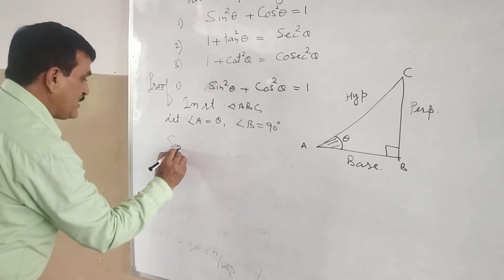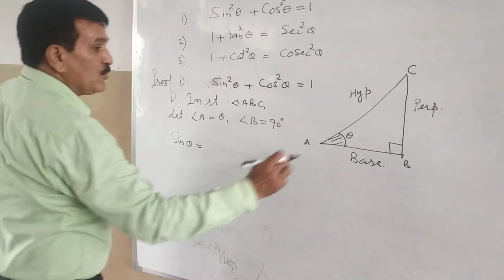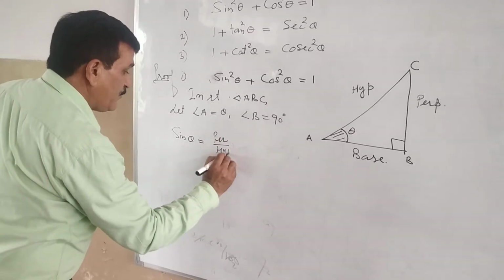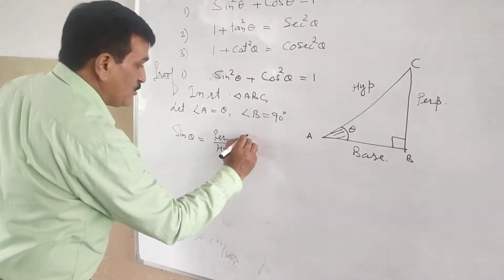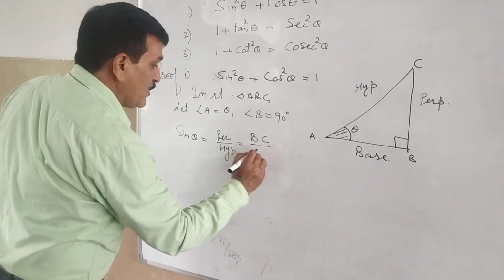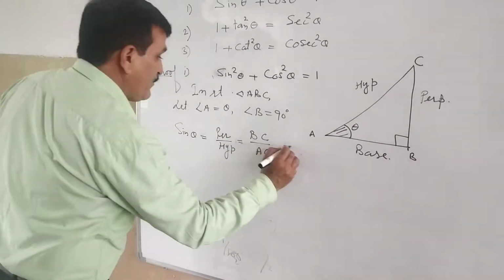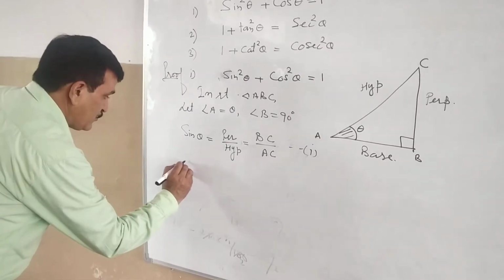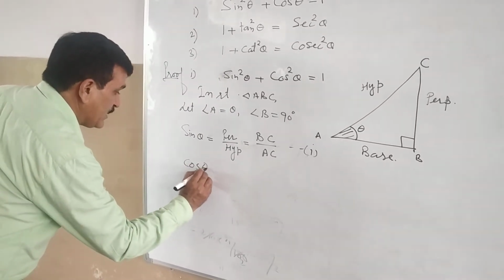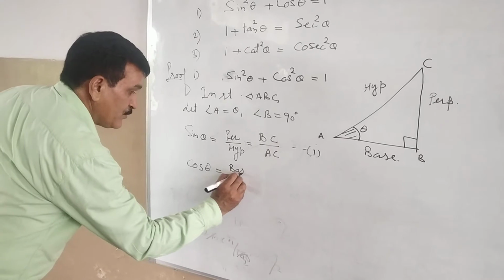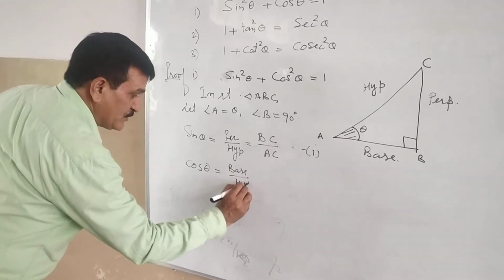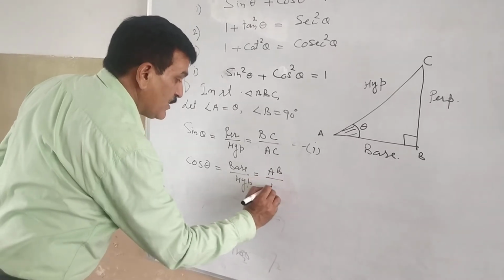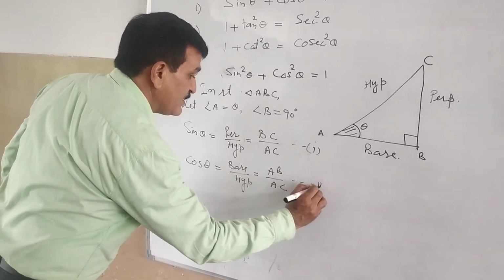Sin theta is equal to perpendicular over hypotenuse, which is equal to BC over AC. Give it number 1. Now similarly calculate the value of cos theta. Cos theta is equal to base over hypotenuse, which is equal to AB over AC.